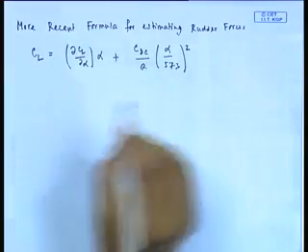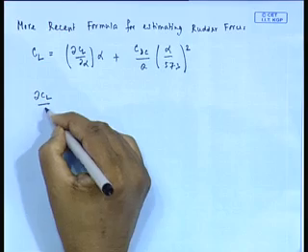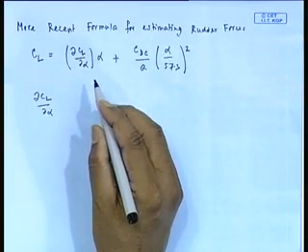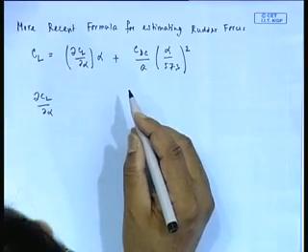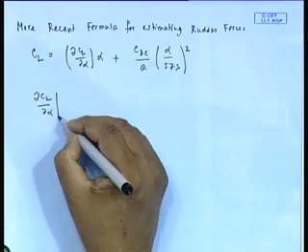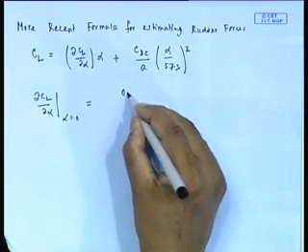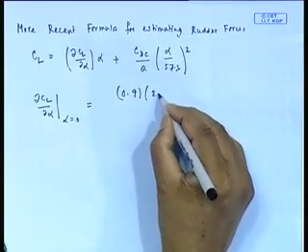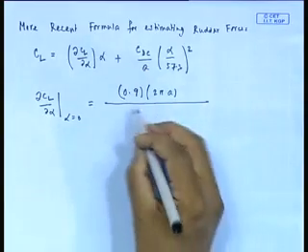This is one, then dCL by dα is equal to this. This formula is going to be important, we will see afterwards why.